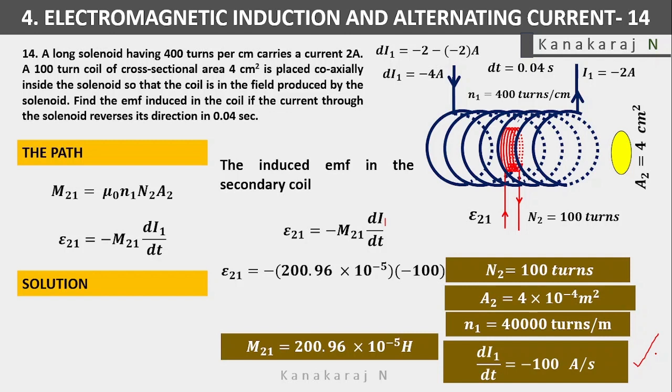The negative sign indicates the direction. So epsilon 21 equals minus of minus, which becomes plus, so the induced EMF is plus 0.20 volt.